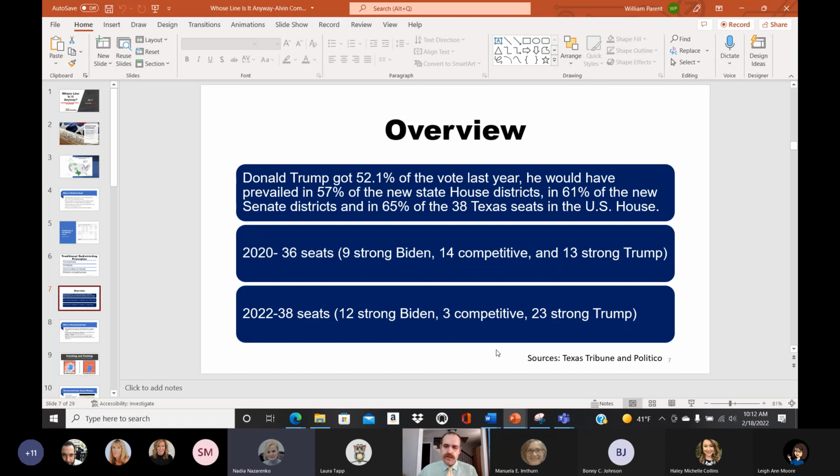So the takeaway is that obviously we've seen more districts here in the state of Texas that lean to the right, in this case strong Trump districts, and we've seen an increase in the number of districts that lean to the left and are strong Biden districts. What we've seen also is a reduction in the number of competitive districts that we have here in the state.